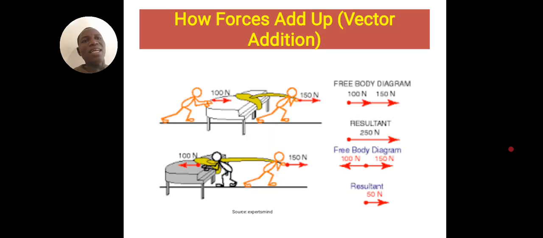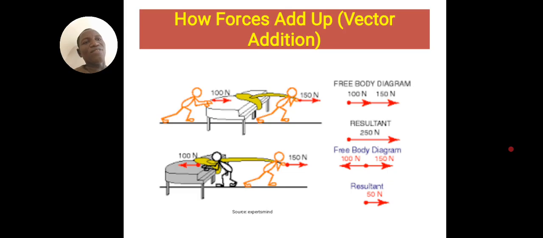Okay, here is a clear illustration of what I'm talking about. Look at the first image up there. One is pulling, one is pushing actually, but in the same direction. One with 150 Newton, another with 100 Newton. So what is the resultant force?